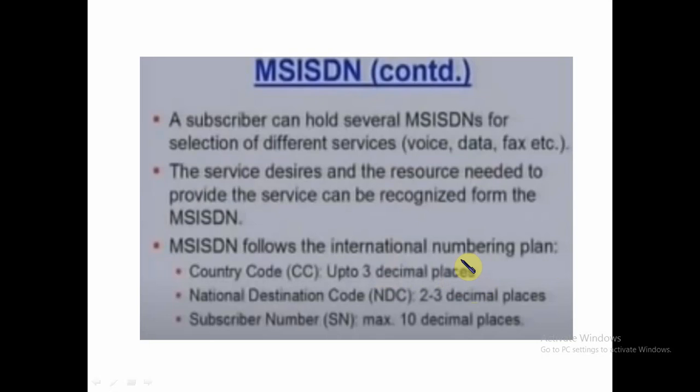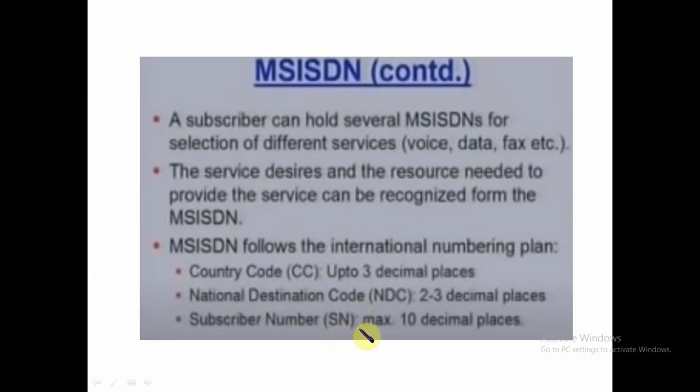So the number itself gives a clear indication of what kind of traffic there will be. Again, the MSISDN can be broken up into country code, National Destination Code, that is the NDC, and subscriber number, that is the SN.